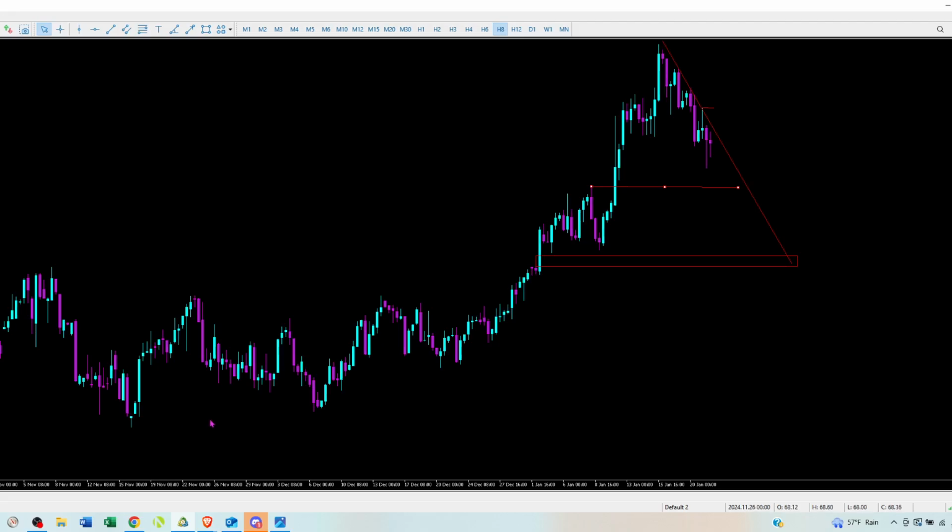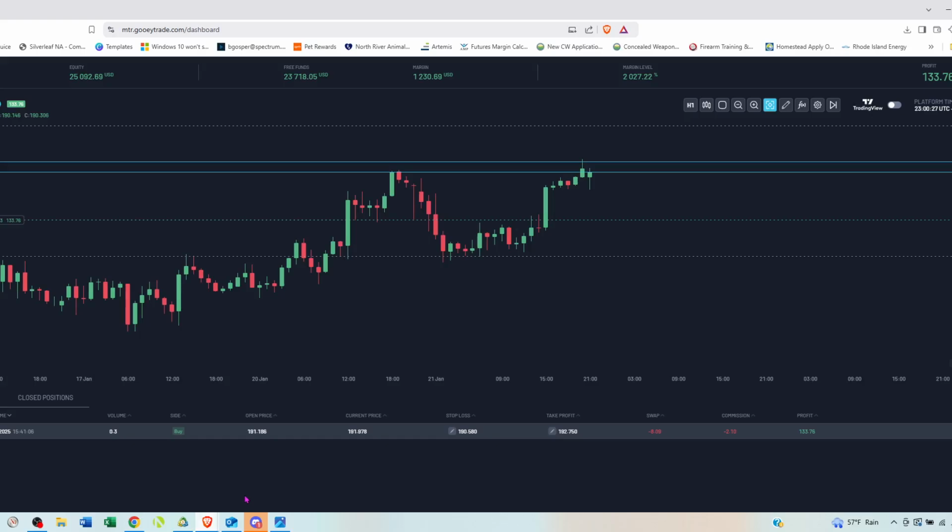From a standpoint of Forex, I did start a funded challenge. I only bought a $25,000 challenge, so it's pretty small. I have one open position on it right now, and that being GBP yen.